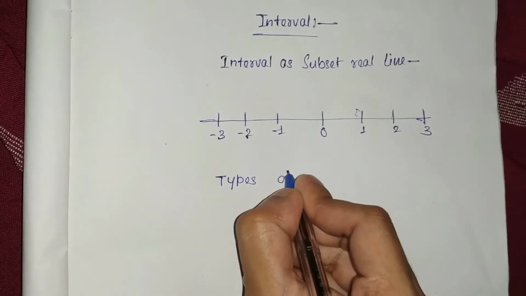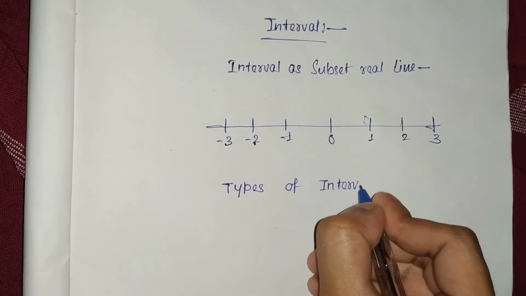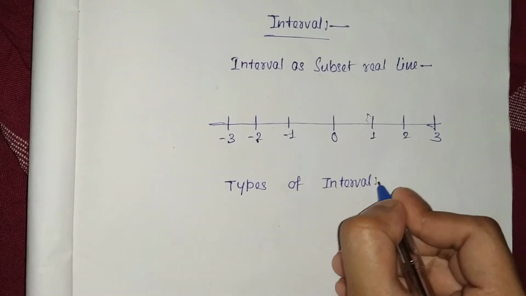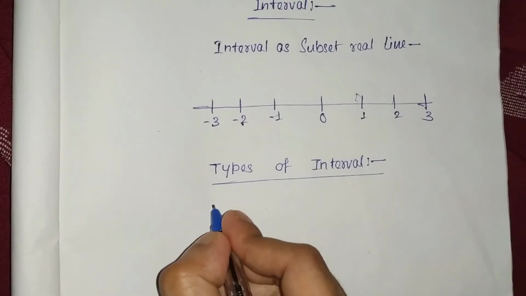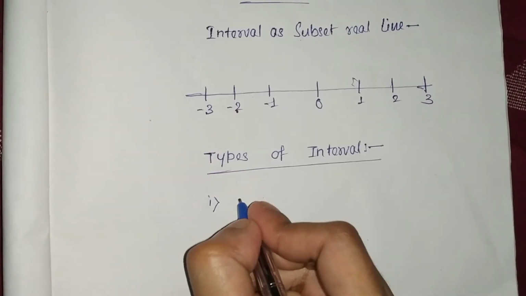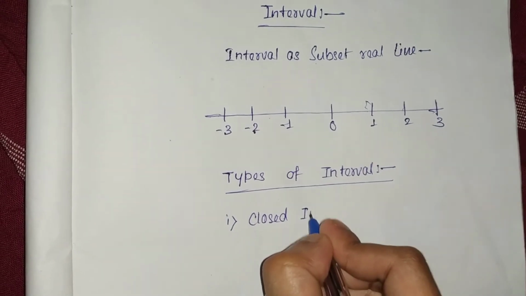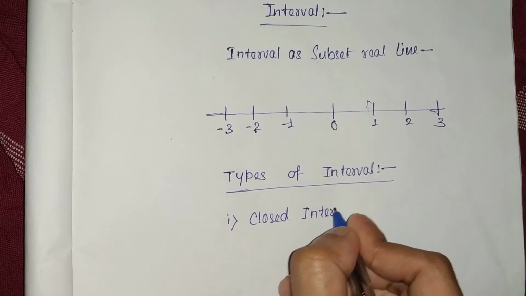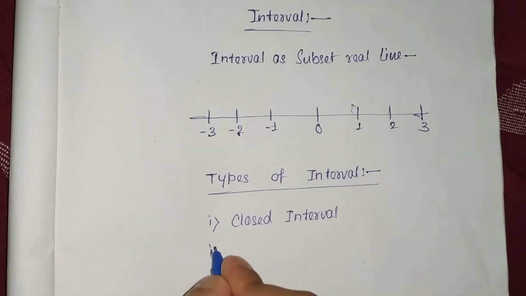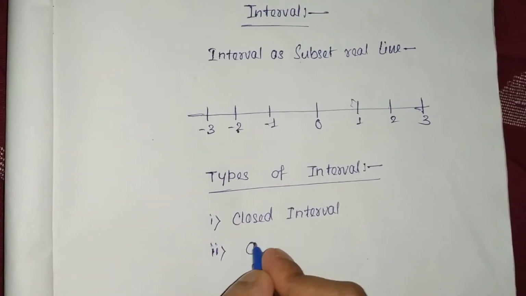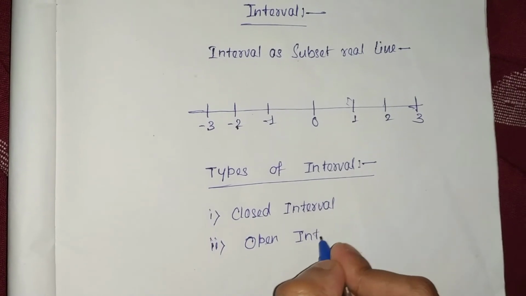Types of interval. First is closed interval. Second is open interval.